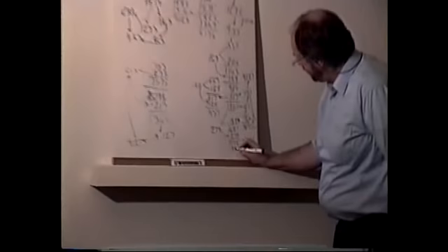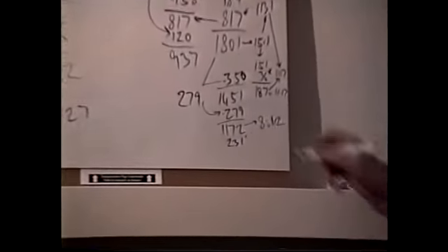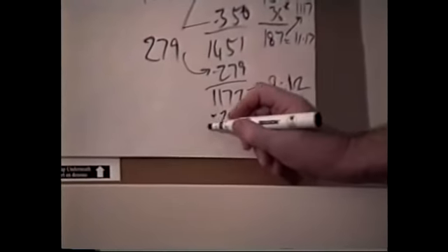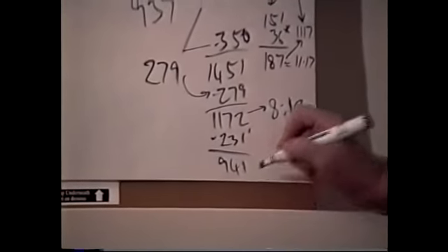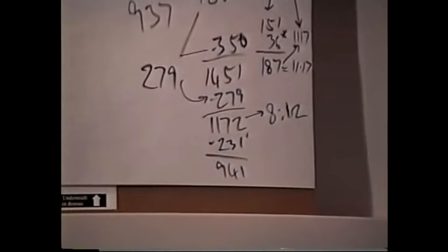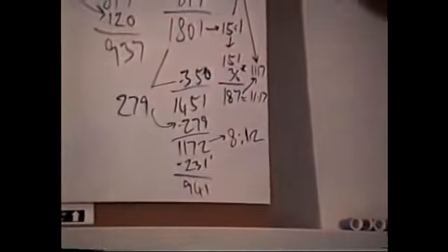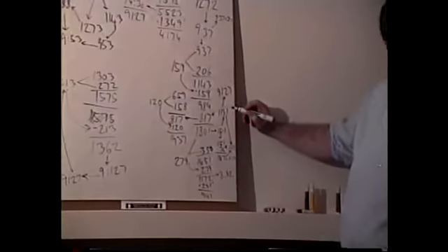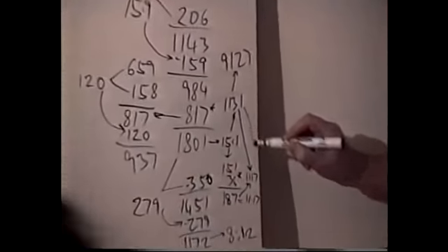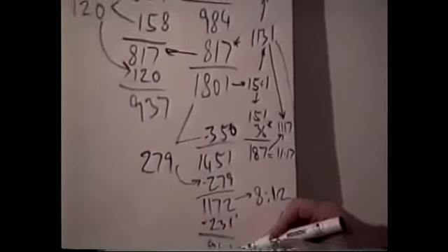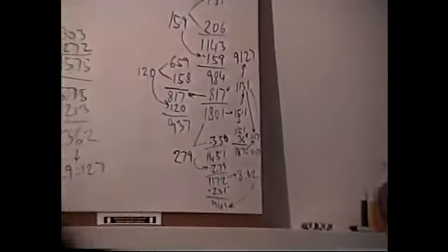It's the 231st such composite number. When I deduct it, I have 941, and 9127 is the 1131st prime number, and 1131 is the 941st composite number.